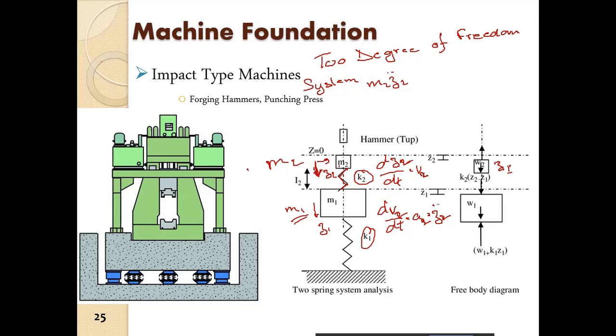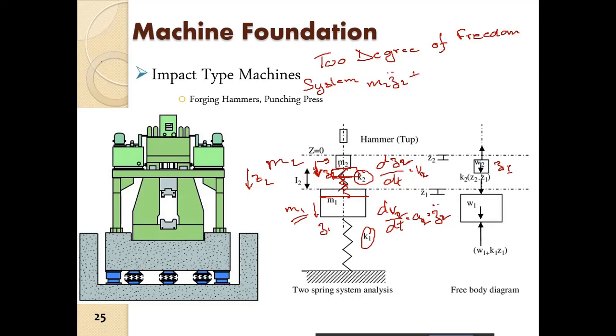So the mass m1 moves z1, and the mass m2 moves z2. So the spring will get compressed z2 minus z1.